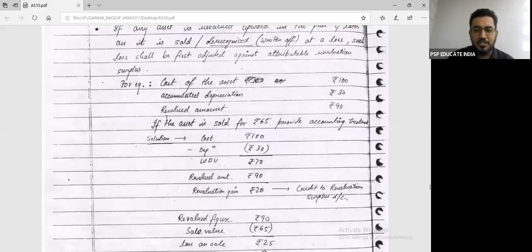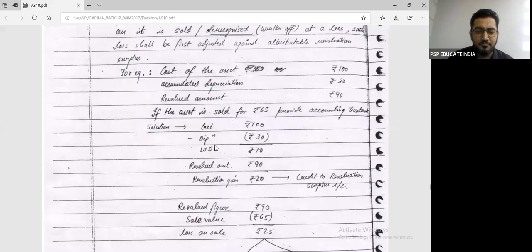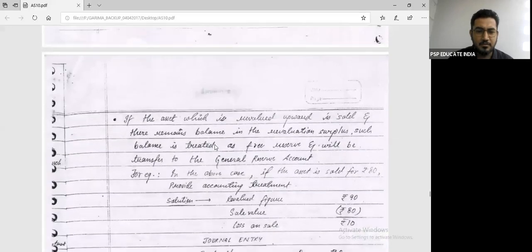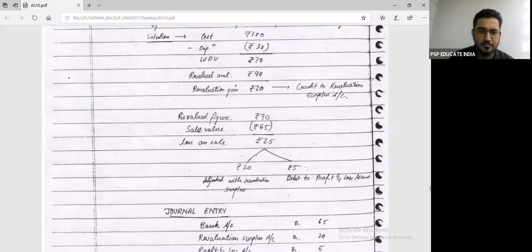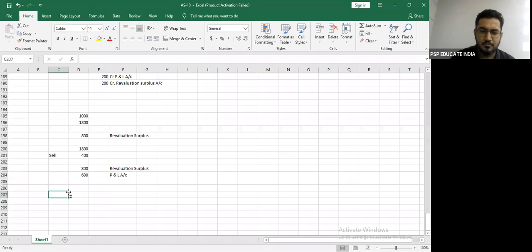From where will you adjust this loss of 25? Of course, 25 will be adjusted from revaluation surplus account.